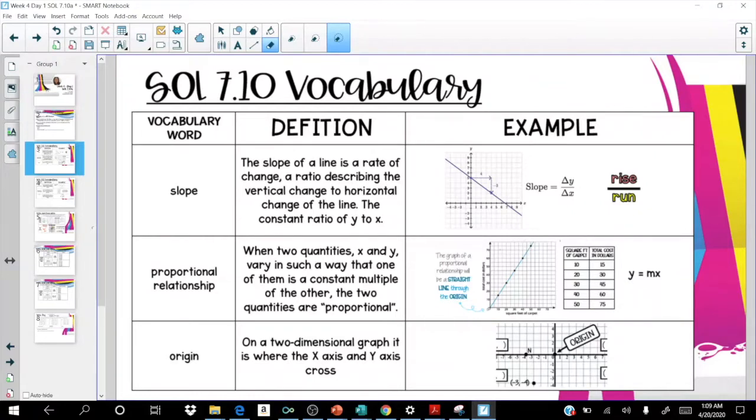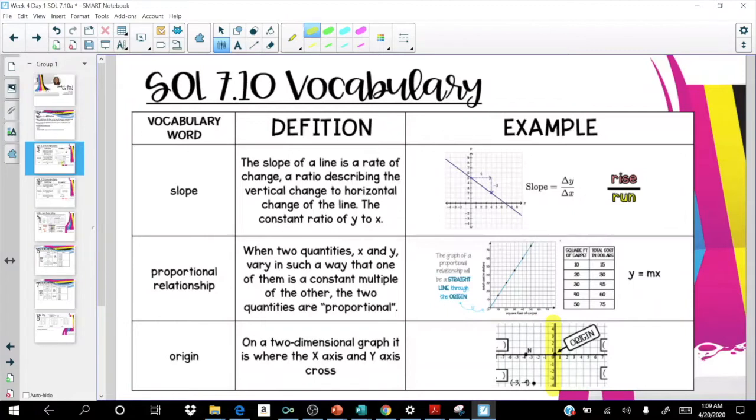Origin. On a two-dimensional graph, it is where the x and y axis cross. So if you remember from 6th grade, when you learned about the coordinate plane, then you know you have a vertical axis, which is your y-axis.